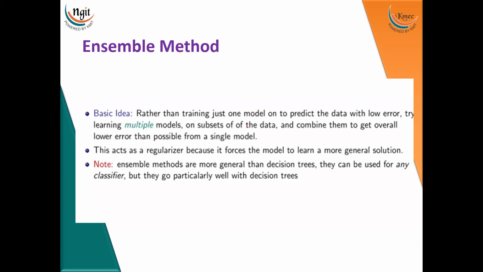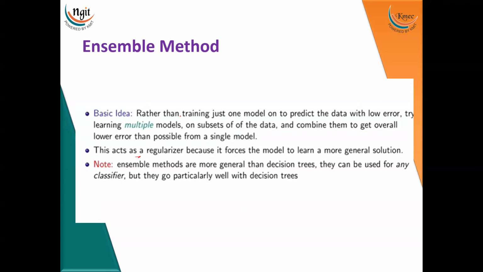Instead of implementing a single model, classification model or regression model, whatever it may be, we are going to try learning multiple models. That is the method called the ensemble method. So this acts as a regularizer because it forces the model to learn a more general solution.